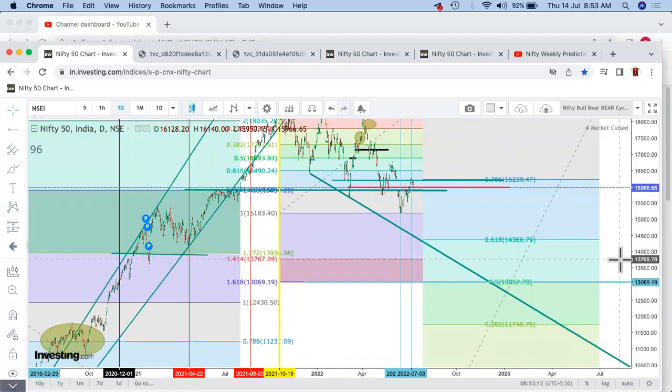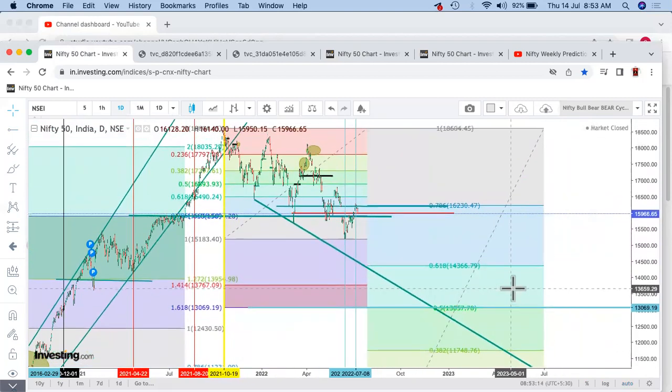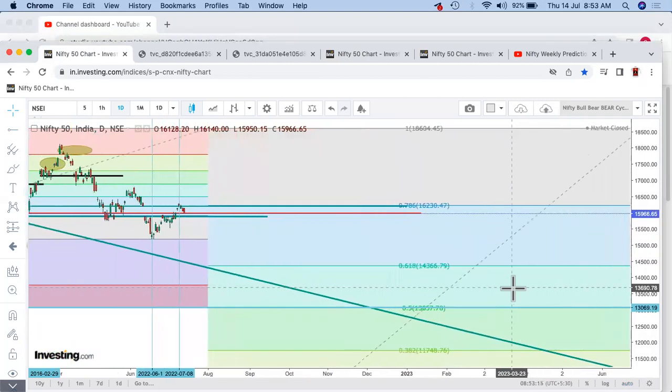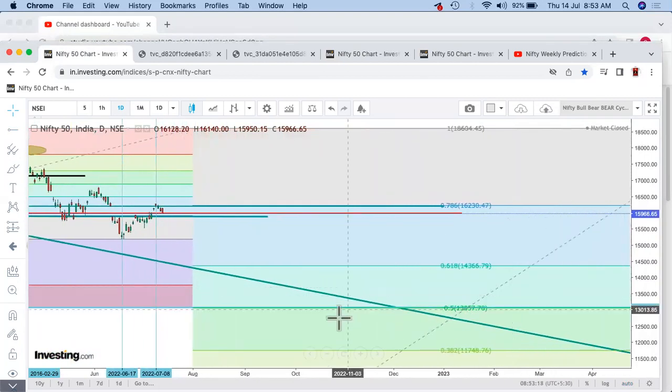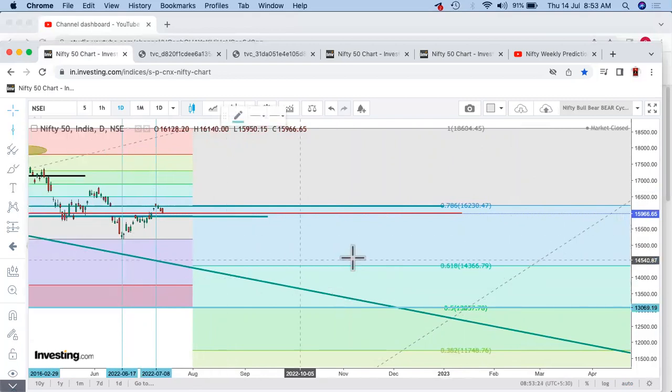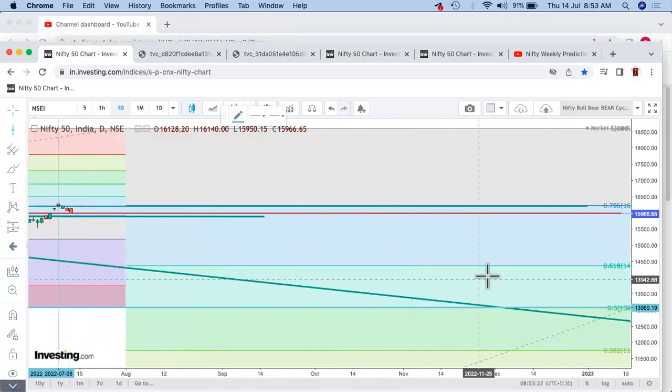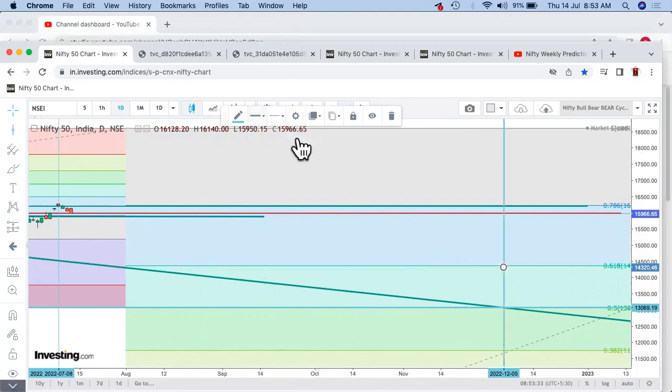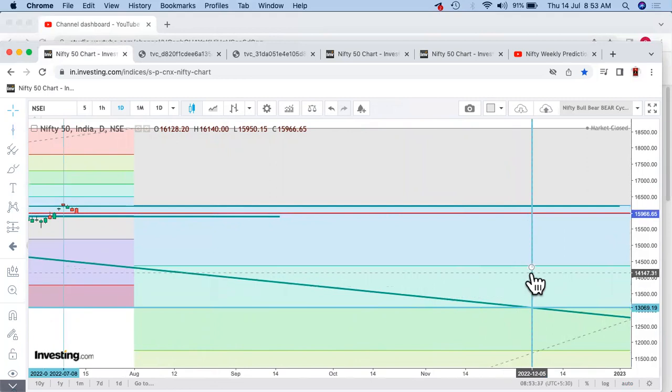Right, cool. And if I try to square that and see in terms of the line, this is my line which has been joining, and to be precise, again we get a date of 5th of December 2022.